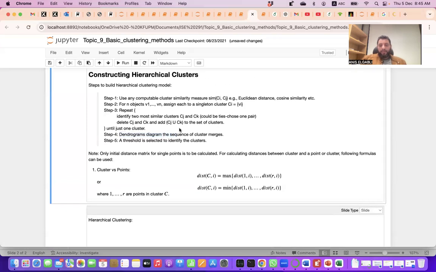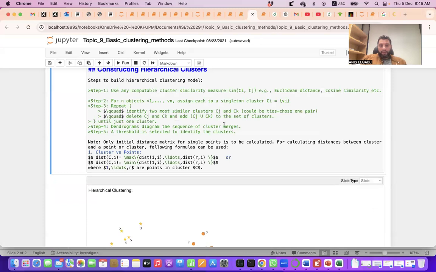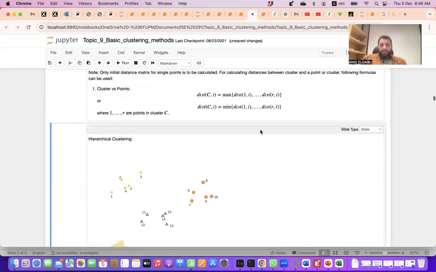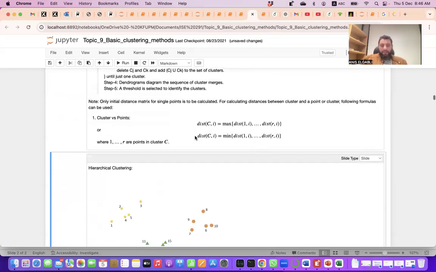Somehow you need to put a threshold on the maximum distance, and that threshold will define how many clusters you return as the outcome of your model. That depends on the threshold you choose. It will become more clear when we come to an example later on.